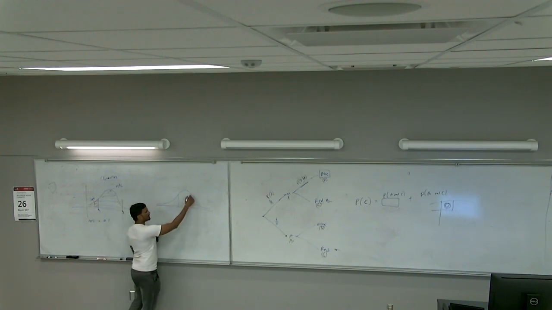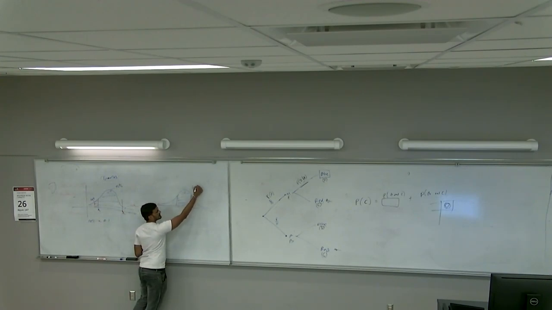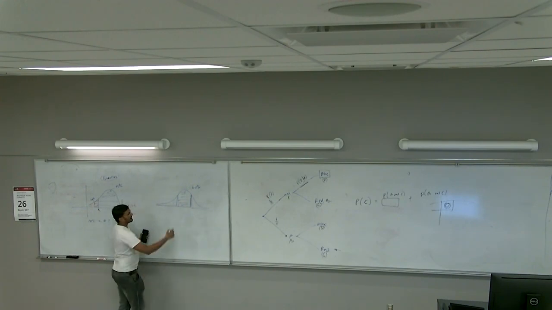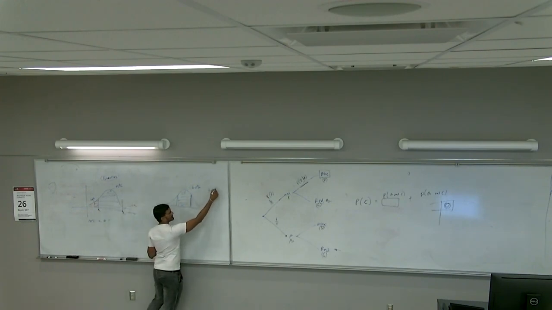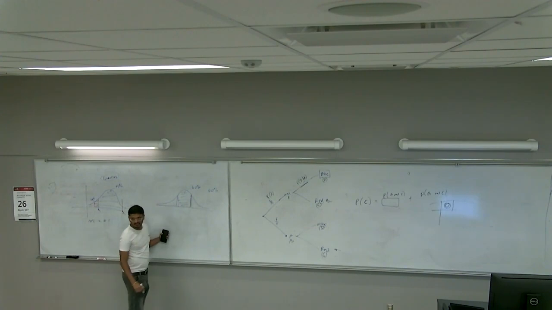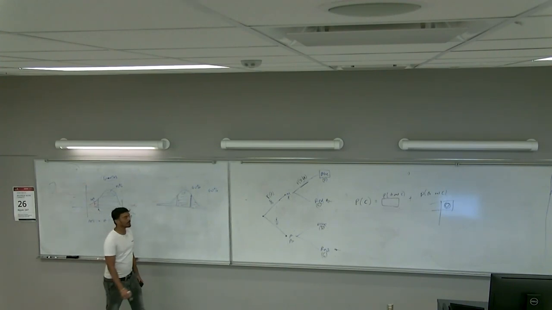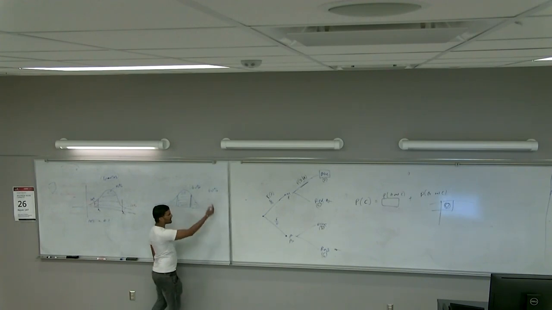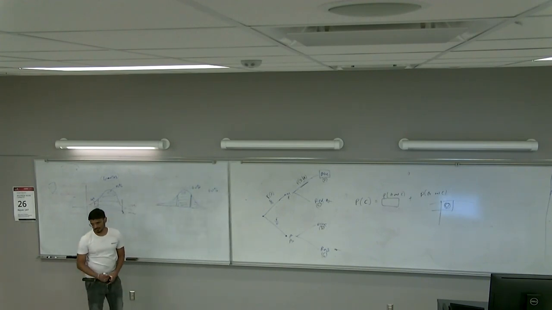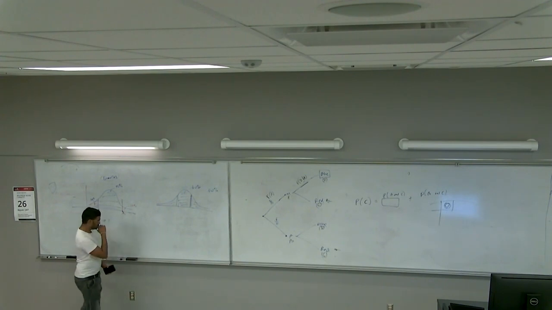So if we know that this part covers, let's say, 60%, we have 40% remaining, and this 40% will be equally distributed in these two regions because it's symmetric. So don't forget the symmetric property of a normal distribution. It's important.